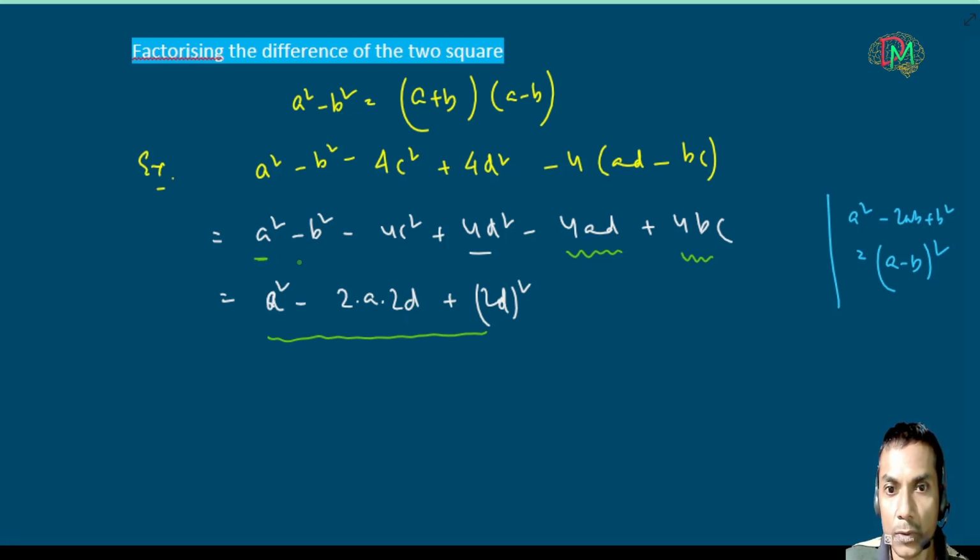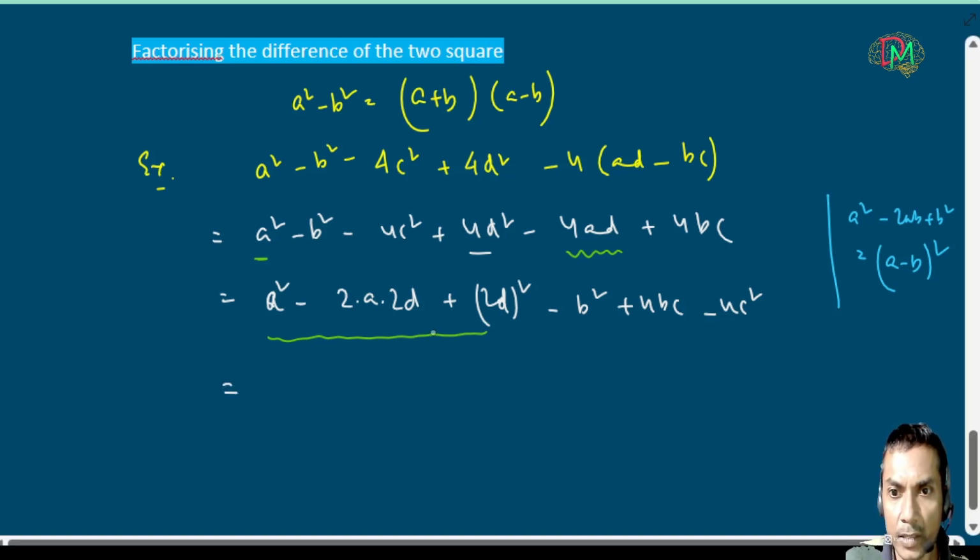And for another grouping, what remains? We have already used 4ad, and what remains is the 4c square. Here it is bc, right? So first we write b square plus 4bc, and what remains is minus 4c square. Clear?